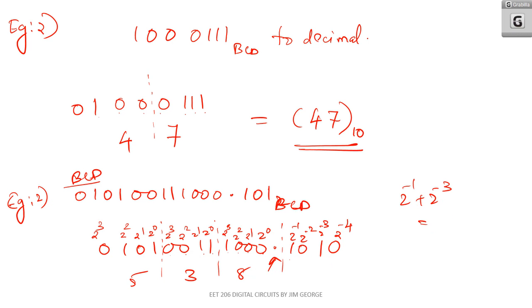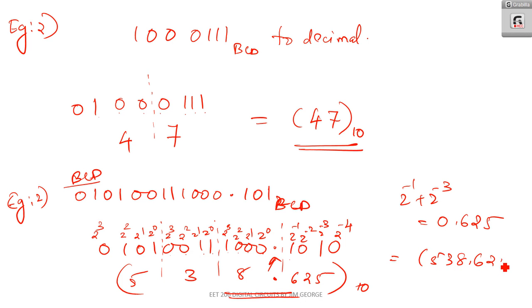That comes to 0.625. So the answer is 538.625 to the base 10. I think you have understood how to convert binary coded decimal into a decimal number.